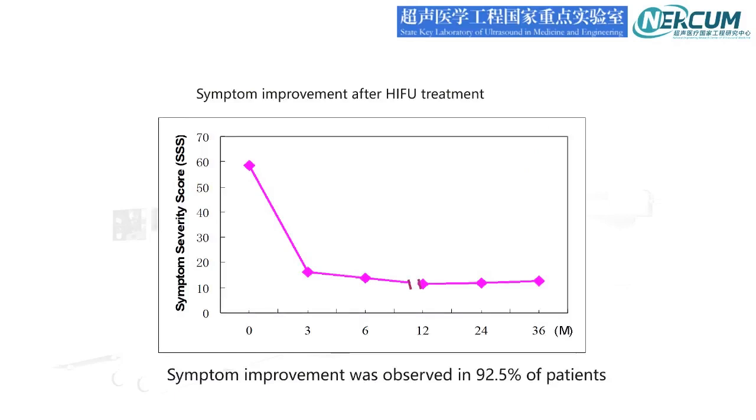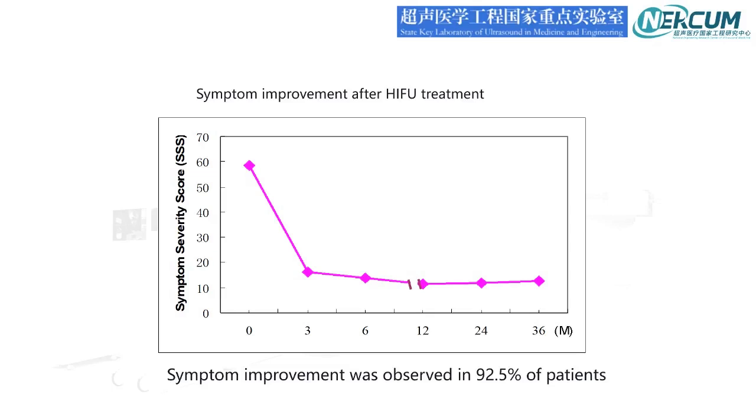Meanwhile, you can also see symptoms improve after HIFU treatment, because many patients have symptoms with menstruation. After 3 months, we can tell that the symptom severity score has reduced to 20.